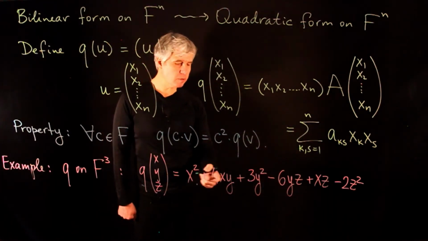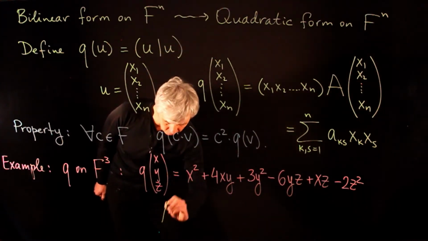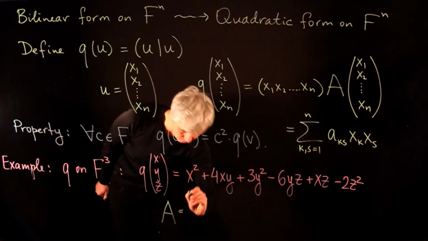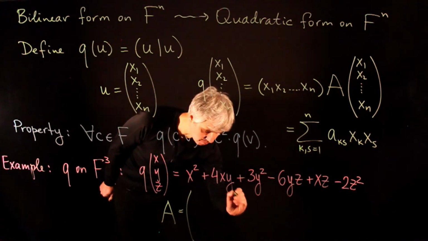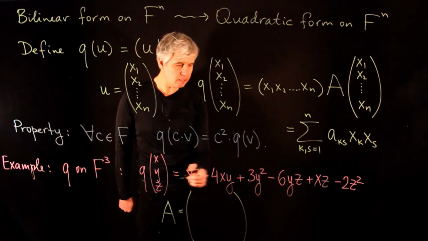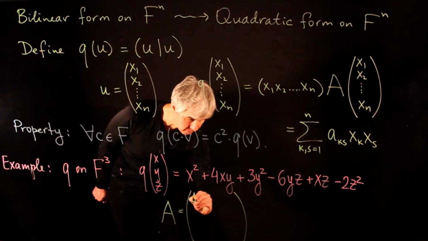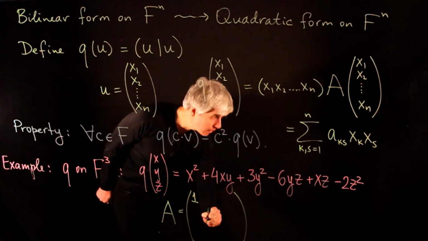Let us write down the matrix that corresponds to this quadratic form. So here we'll get a 3 by 3 matrix. The diagonal entries correspond to terms x squared, y squared, and z squared. So here we'll have 1, 3, and -2.